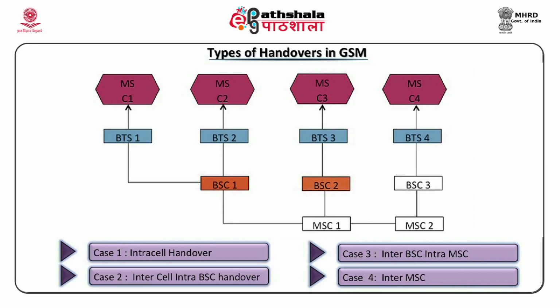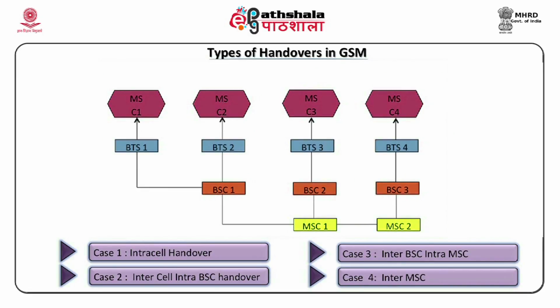Now, you can see that BSC 1 and BSC 2 are controlled by MSC 1, BSC 3 is controlled by MSC 2. Now, let us see which type of situations will be intercell, intracell, inter-BSC or inter-MSC.